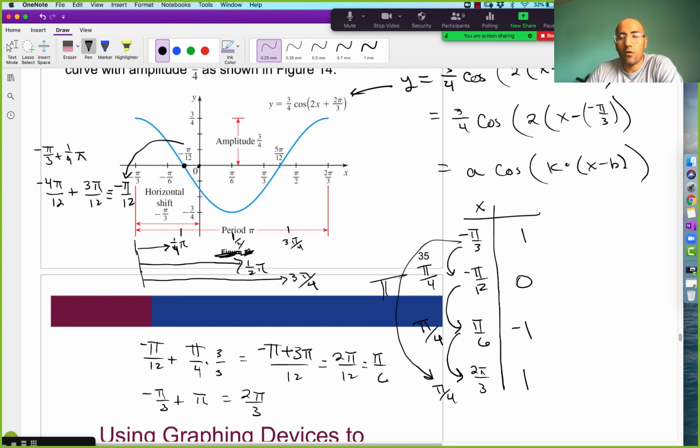A horizontal compression of factor of 2, this is going to affect the output of my function. So instead of going up to the amplitude of my function, instead of going up to a height of 1, it goes up to a height of 3/4. So that's how I know that this isn't really going to go up to 1, it's going to go up to 3/4.